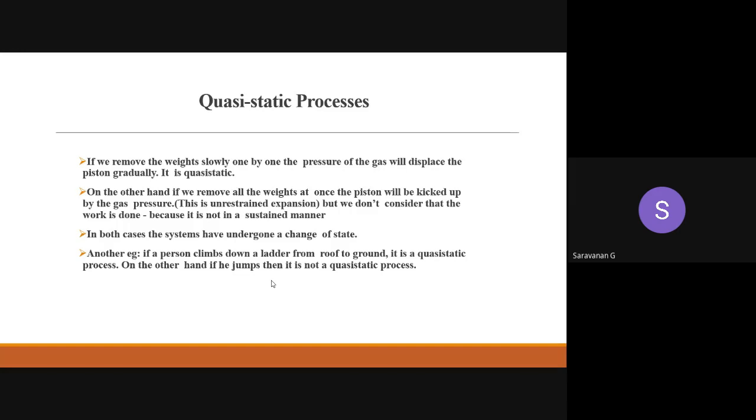They are all quasi-static, meaning the variation in the change of states is infinitesimal. Whenever we remove the weights slowly one by one, the gas pressure displaces the piston gradually, and the piston reaches state 1, state 2, state 3, state 4, and so on up to the final state. Between the initial and final states, all the states are in thermodynamic equilibrium, and the process is called a quasi-static process.